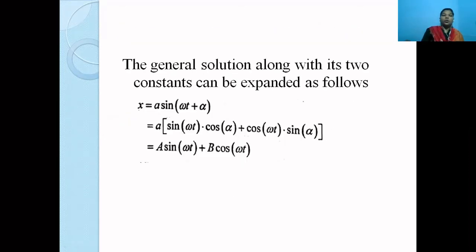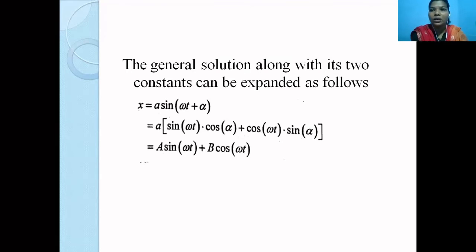So how am I going to expand this solution of simple harmonic motion into sines and cosines? I hope you remember the formula for sine of a plus b. We can always expand it with the help of the trigonometric formula, where I write sine a into cos b plus cos a into sine b.